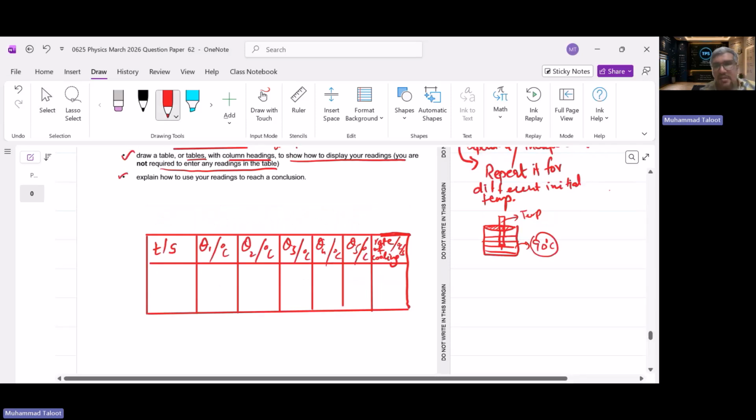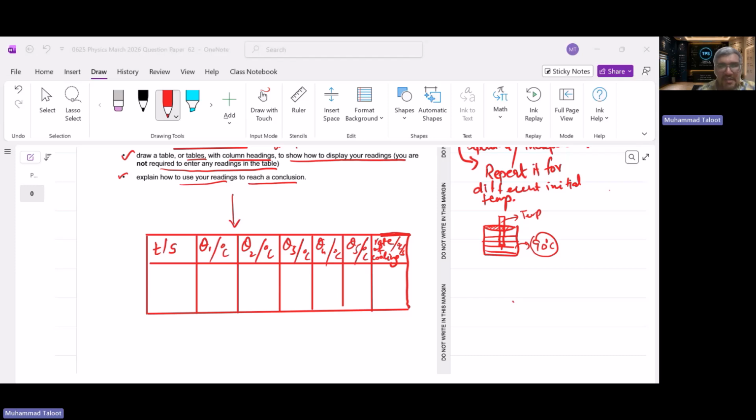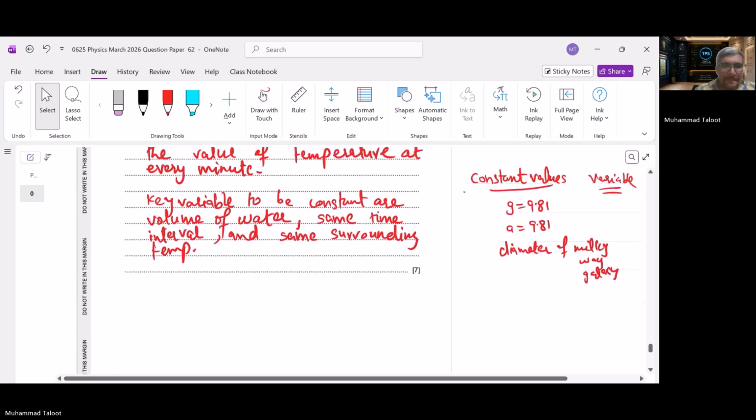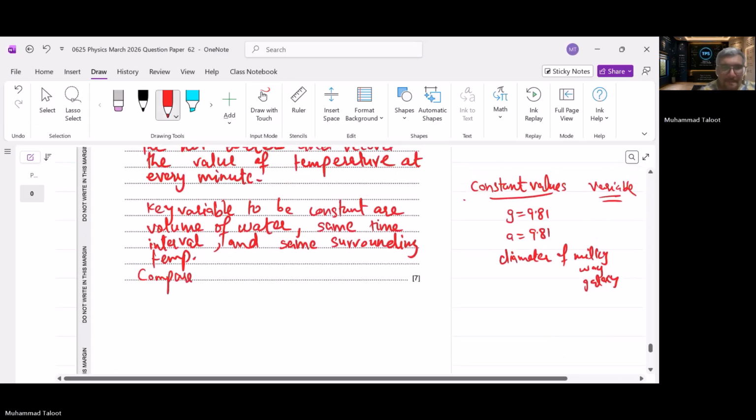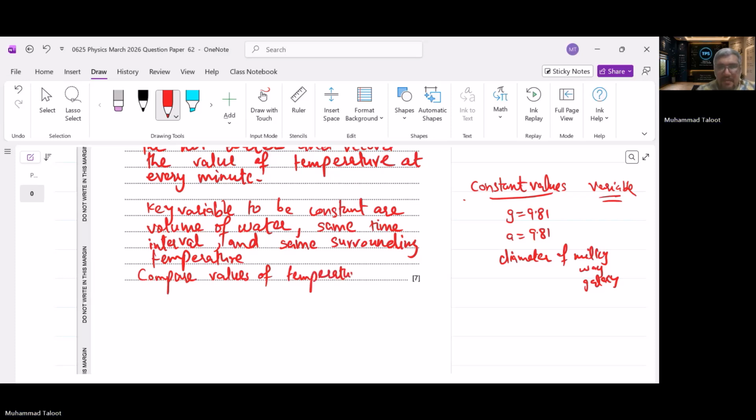Now we have to write the conclusion. Conclusion is very important. In conclusion, you have to see how to use your readings. We are not having any readings, so be very generic here. You know that temperature decreases at every minute, but we have to show how we are going to compare the values. So I would be saying, compare value of temperature with every time interval.